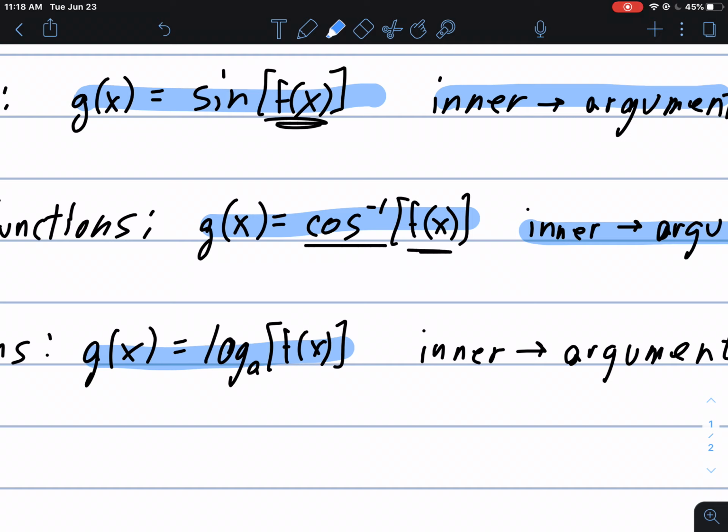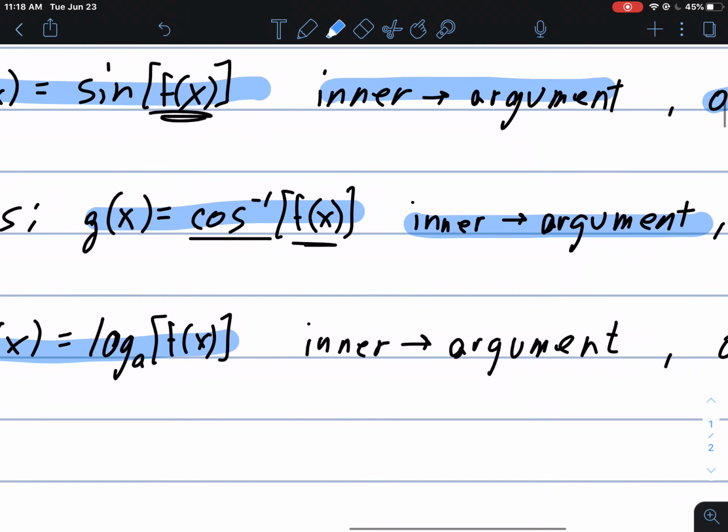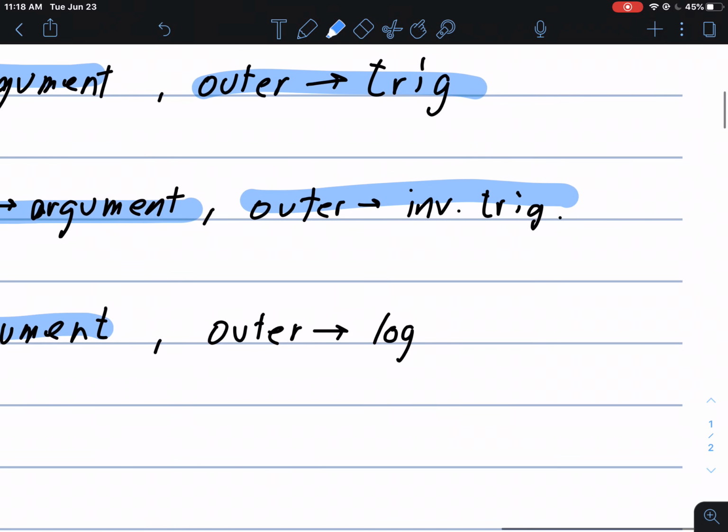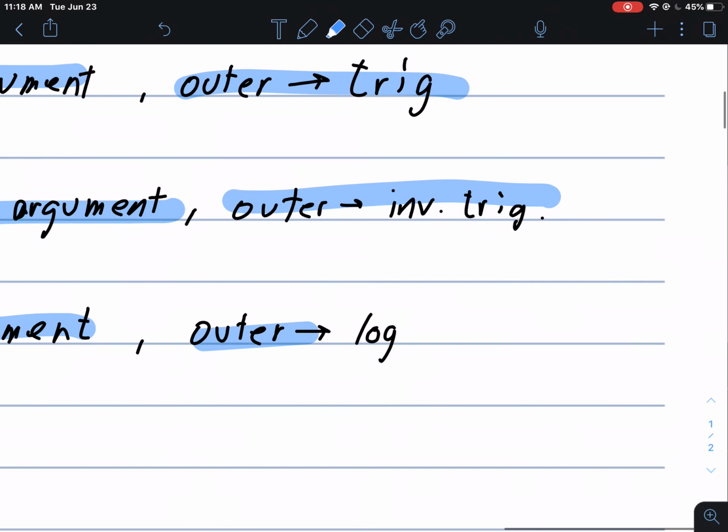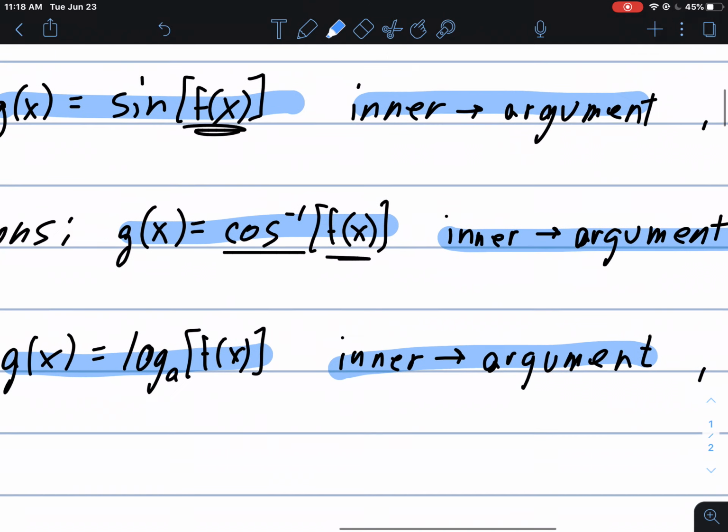You start with the outermost function and work your way in. So for a log function, just like the trig functions, you look at the argument as your inner function. There's your f of x in this case. And then the log function, of course, would be the outer function. We still have to talk about how to differentiate those, but we'll get to that in this chapter.